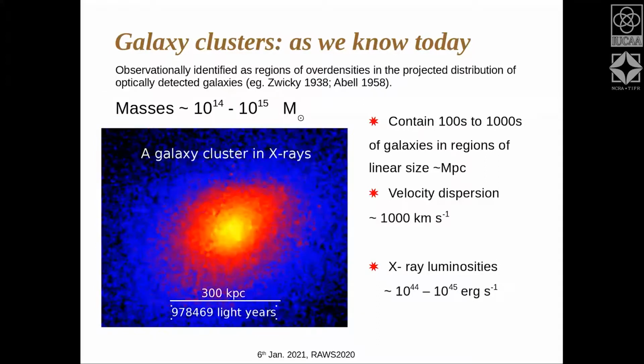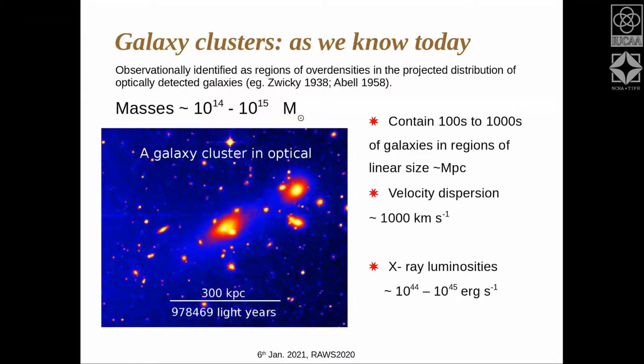And the velocity dispersion: these galaxies are not just standing there, just like in our solar system everything is moving, and in our galaxy things are moving. These galaxies are moving in orbits decided by the gravitational potential of the galaxy cluster. And if you measure the velocity dispersion of these galaxies, it comes out to be about 1,000 kilometers per second.